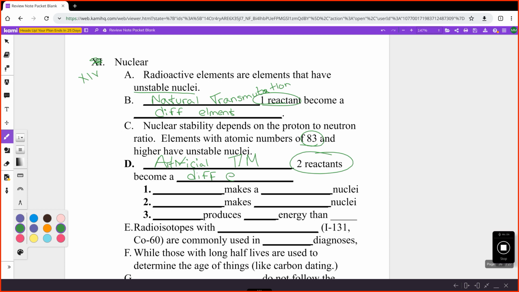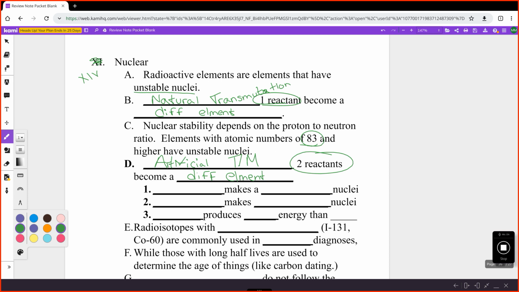Basically, some nucleus has to be hit with a different particle, whether that's a neutron or a proton. The nucleus of a stable or unstable atom gets smacked by something else and turns into a different element.